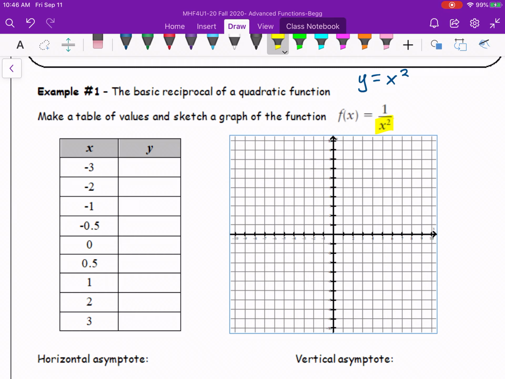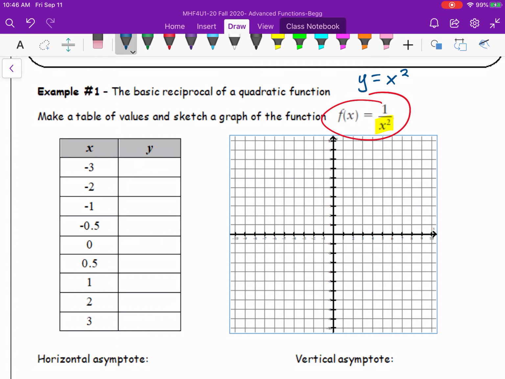If I stick -3 into this equation, we get 1 over -3 times -3, because that's what x squared gives us. We multiply by itself, including the negative sign. So 1 over -3 times -3 is 1 over positive 9.